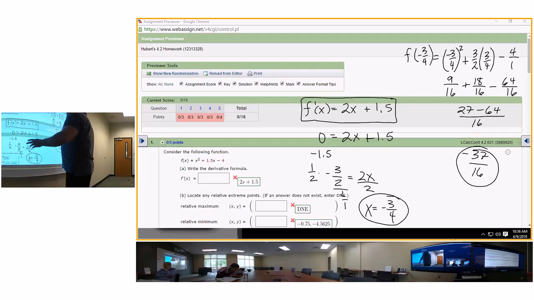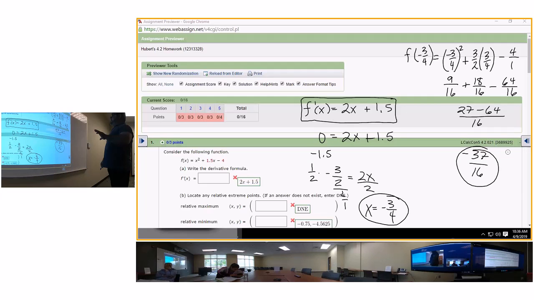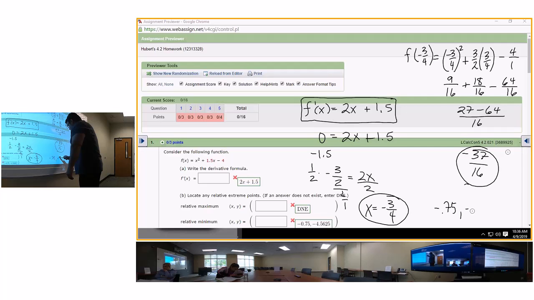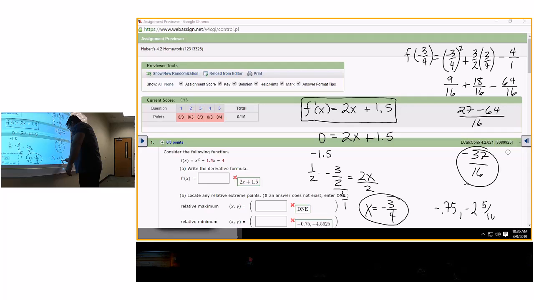So our vertex, our max or min, is going to be at negative 3/4, negative 0.75, comma, 16 will go in there twice, that'll be 32, right? So 2 and 5/16, I think. Negative 2 and 5/16, which is like 2.333.